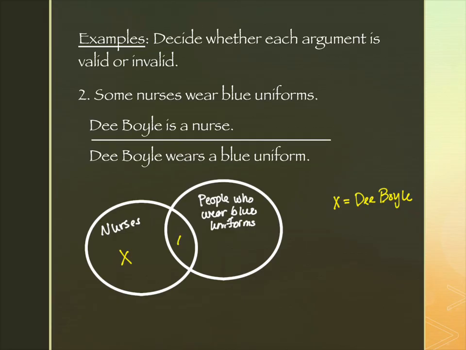It could be in the center because that's part of the nursing category, right? Okay, so those are the locations for D. Boyle. Based on that, do you know if the last statement is forced to be true? No, it's not, right? D. Boyle could be in the outer part where she's a nurse that wears something different than blue. Or maybe she's in the category in the middle, and she does, but we don't know for sure, which makes this another invalid argument.